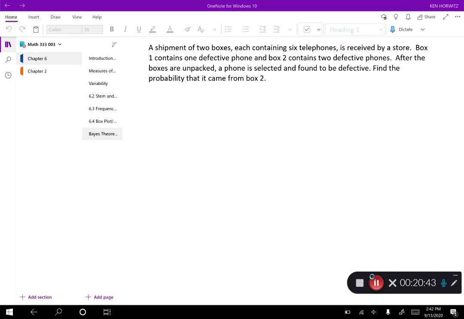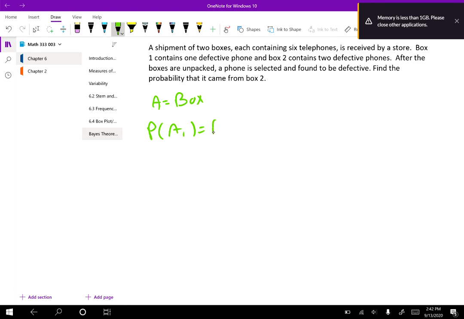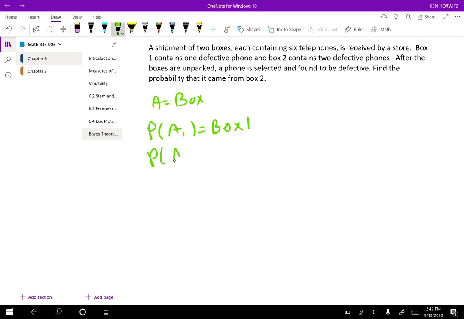All right, so our 2 events are going to be, so A, we're going to talk about what box it came from. So probability of event A1 is going to be the probability that it came from box 1. Probability A2 is going to be probability it came from box 2.